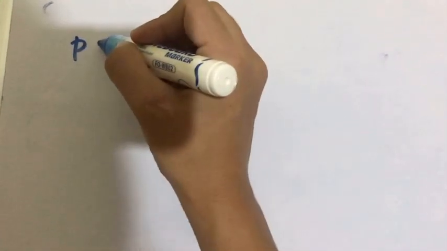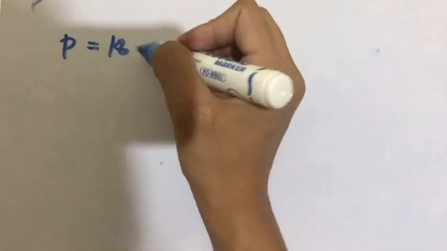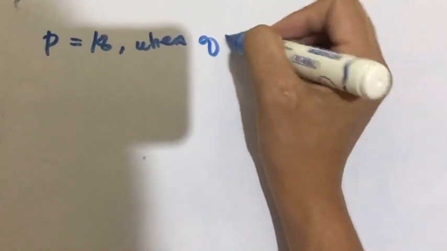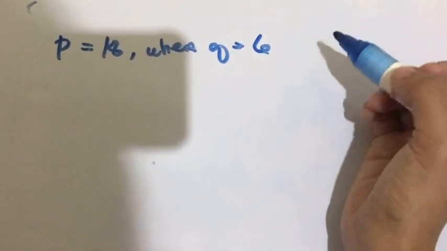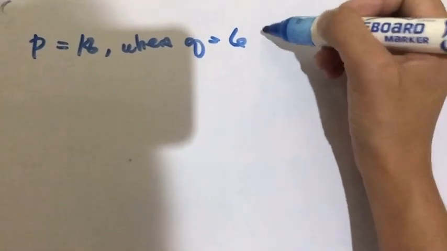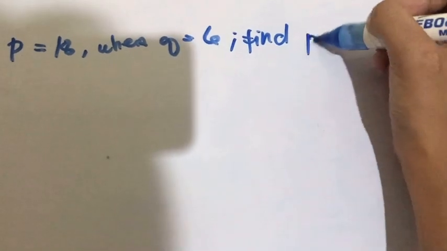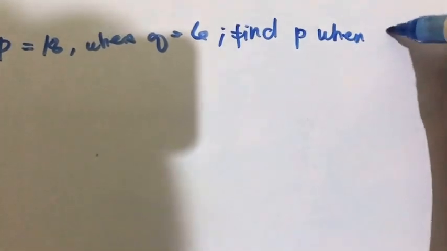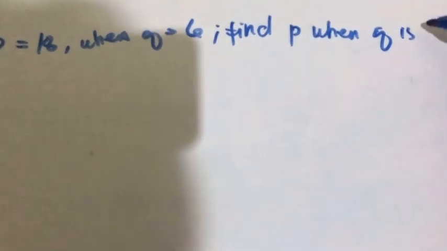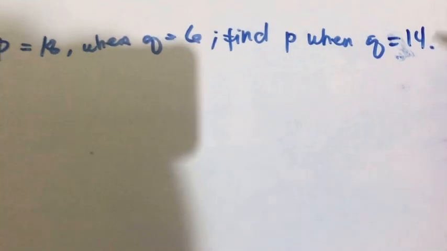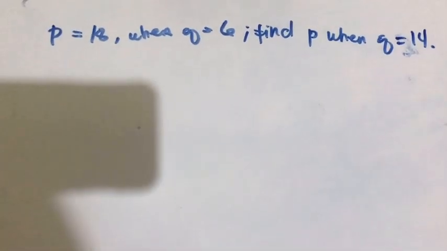If P varies directly as Q and P is equal to 18 when Q is equal to 6, find P when Q is equal to 14.